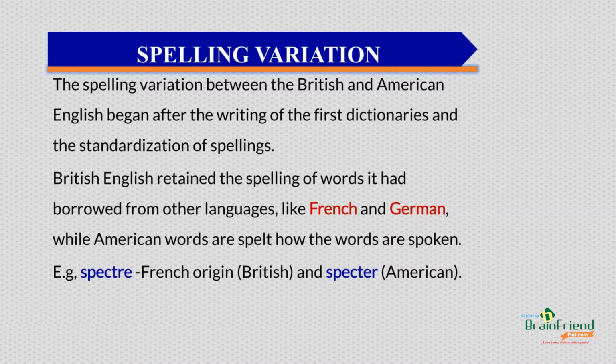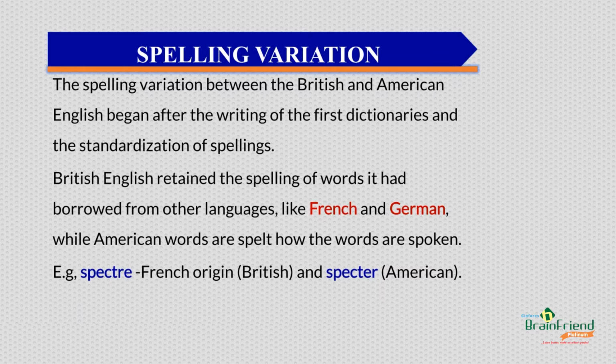After the writing of these dictionaries, there was a standardization of the spellings of both British and American English. So that is how we came about the spelling variation between British and American English.